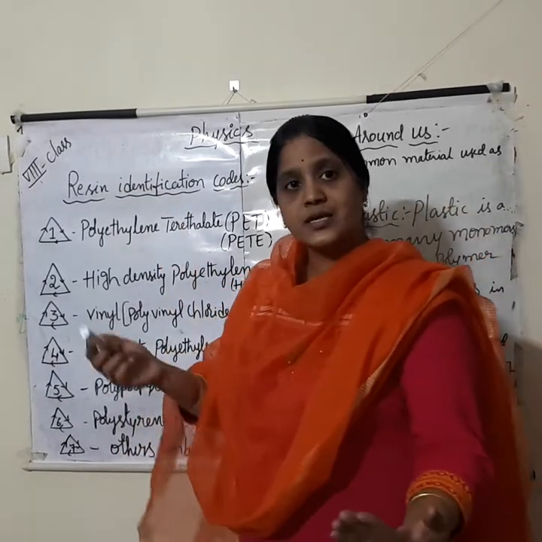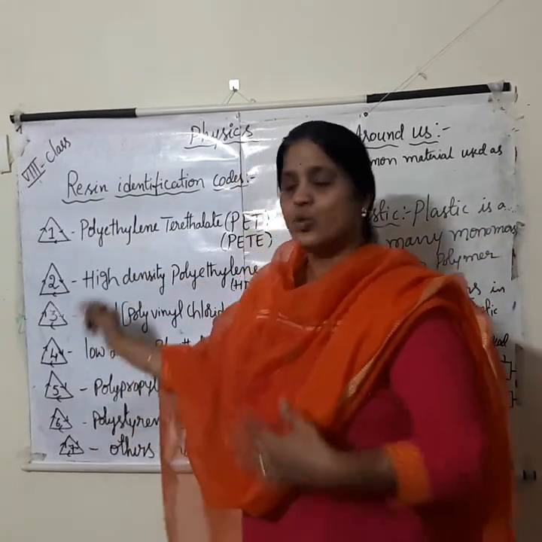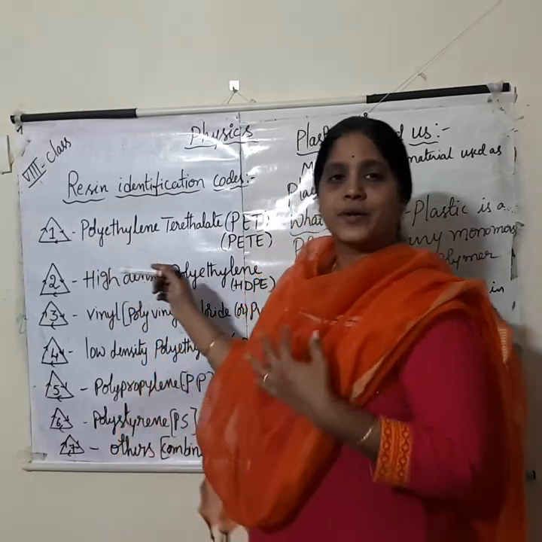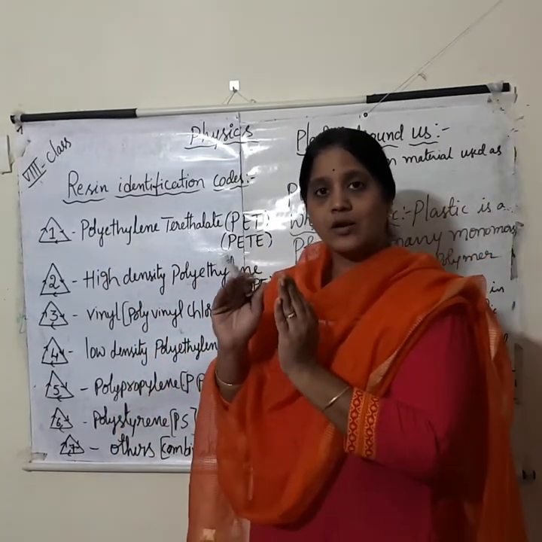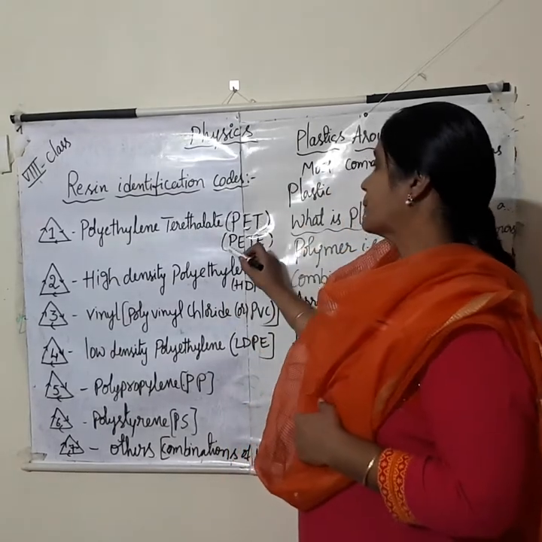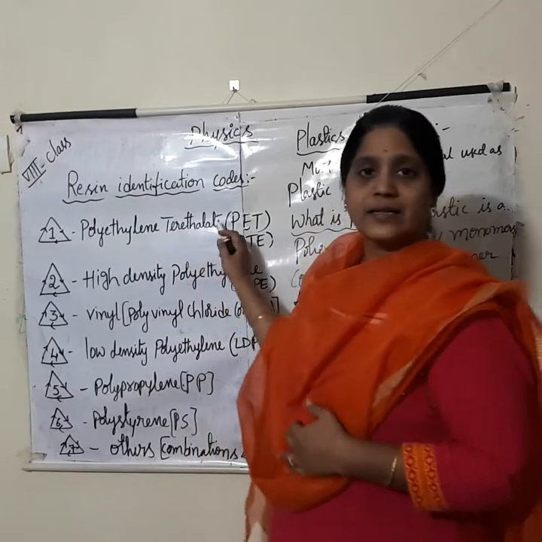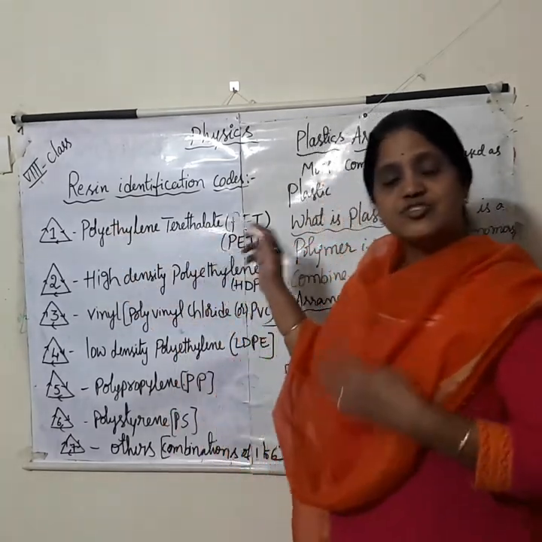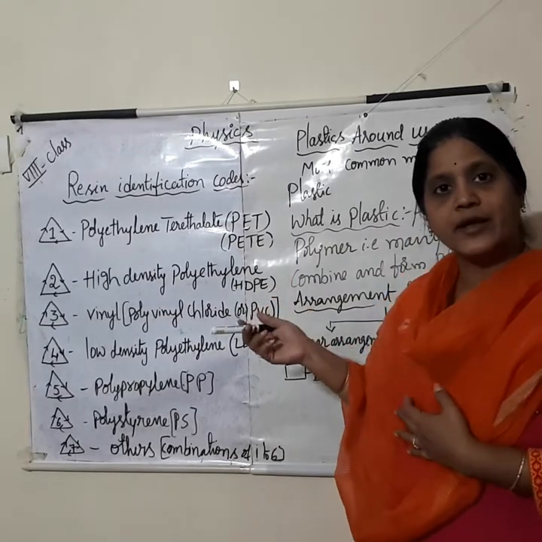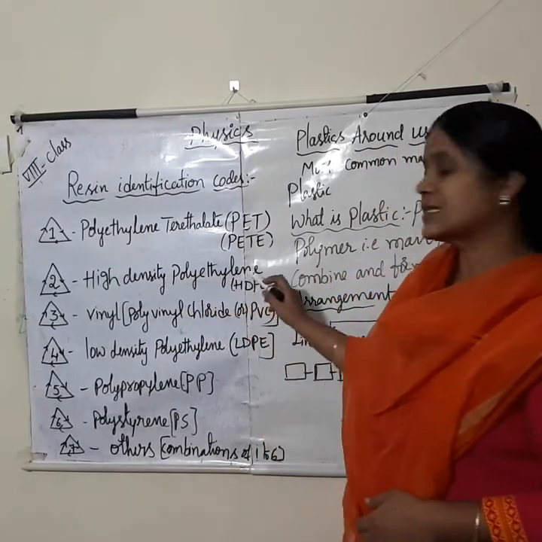How many triangles did I say? Seven, given from 1 to 7. Triangle 1 represents the plastic item called PET or PETE. PET means polyethylene terephthalate. Next, triangle 2 is high density polyethylene.